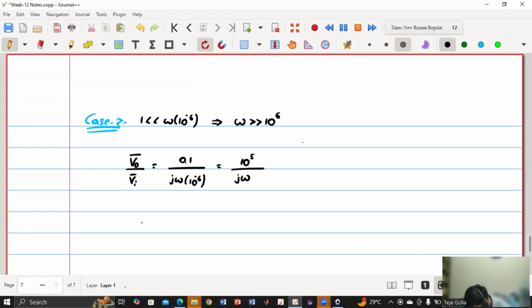Now what will be the magnitude and what will be the phase? Magnitude is 20 log 10 to the power 5 by omega.